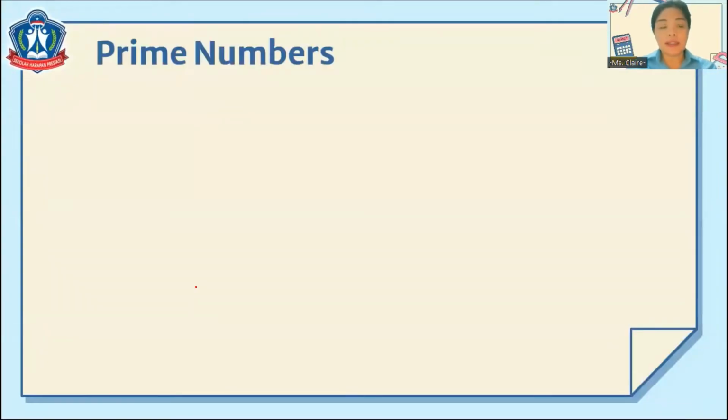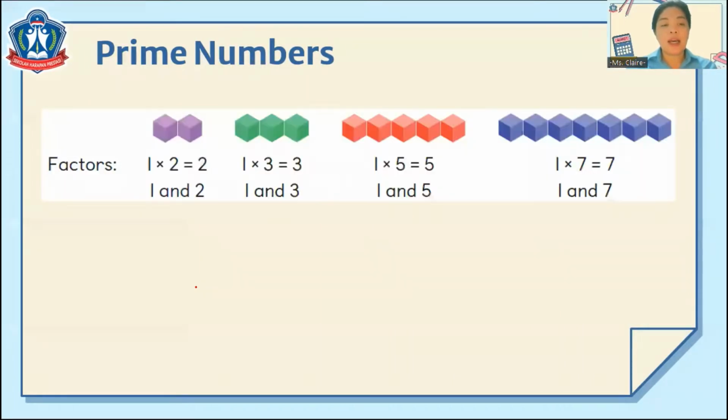Okay, now let's discuss prime numbers. Have you heard this word? Prime numbers. Take a look here. I have here some numbers with their factors. Factors, children, are numbers that if we multiply, they will give us a number. Let's say 2. The factors of 2 are 1 and 2. There are no other factors for 2. The same with 3, 5, and 7.